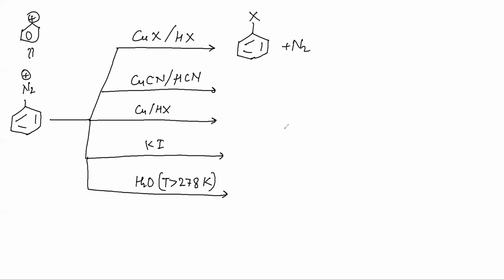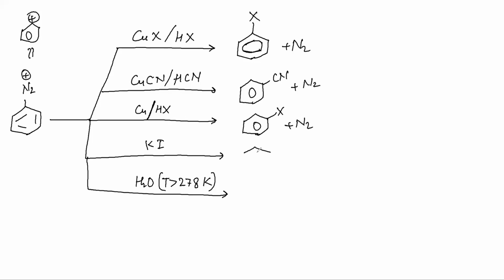CN, sir. CN will be substituted. Yes, in first case, it will be CN. Correct. N2 will be there, don't worry. What about third? Which is negative part in third? X will be substituted, so just X will be there.